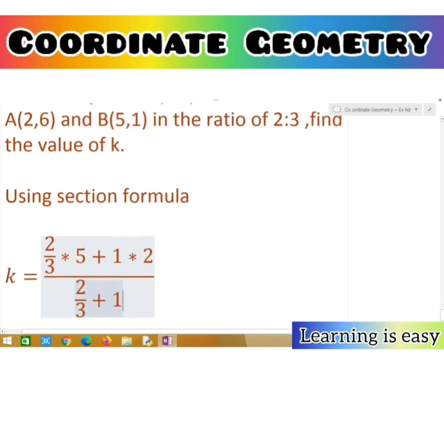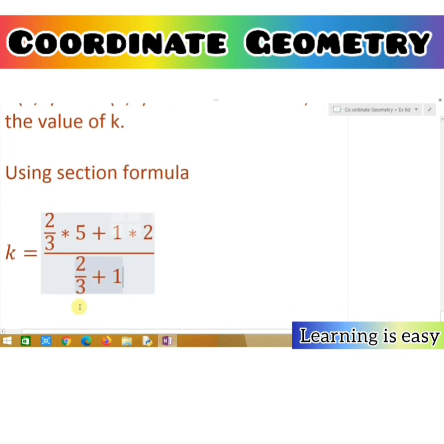Divided by 2 by 3 plus 1. Numerator is going to be 10 by 3 plus 2, divided by, we need to take the LCM, so the denominator is 5 by 3.